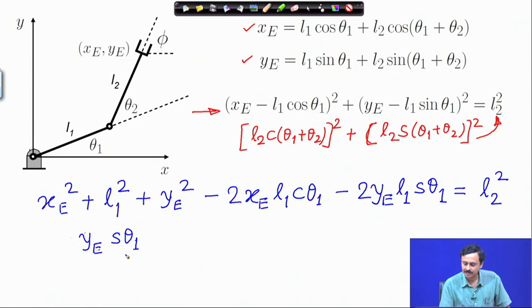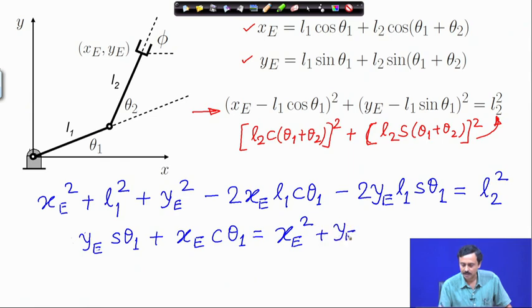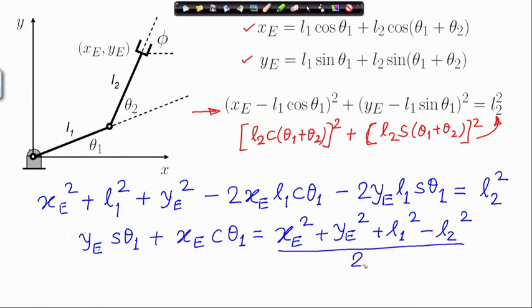So, y e sin theta 1 plus x e cosine theta 1 must be equal to x e square plus y e square plus L 1 square minus L 2 square, whole divided by 2 times L 1.